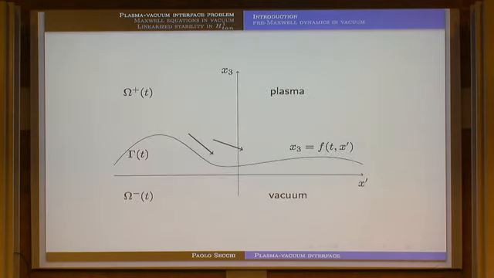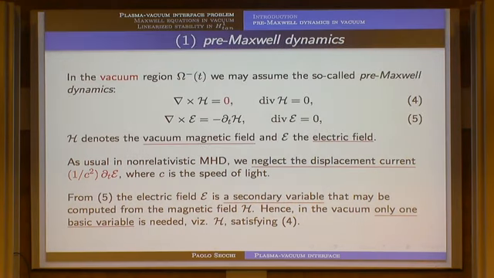So this could be a simple picture. Plasma above and vacuum below in omega minus. So in omega minus, what do we consider? This is the vacuum region, where we can take the so-called pre-Maxwell dynamics.